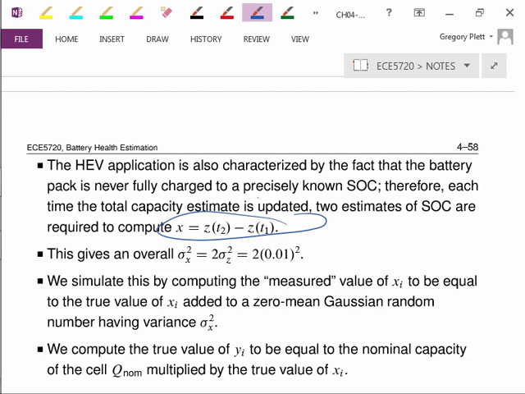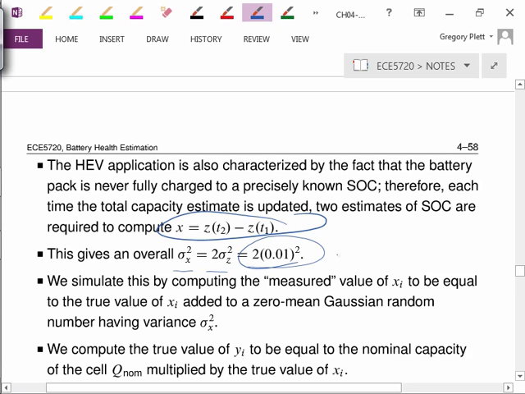If it's only 1 second that's elapsed, definitely not true. But over maybe a few minutes, probably close enough to true. I can say sigma x squared is 2 times the SOC estimation sigma z squared. So if I assume a 1% estimation error on SOC, then my sigma x squared is going to be 2 times 0.01 squared.